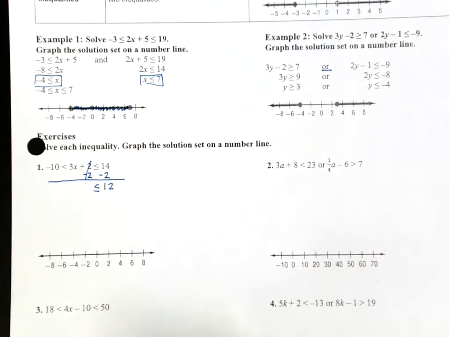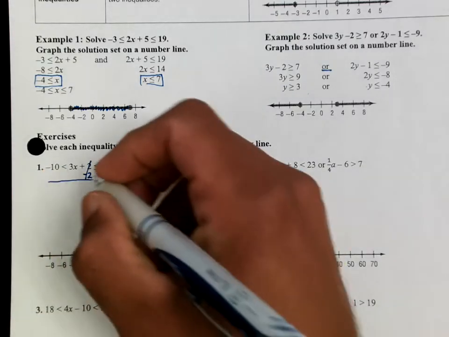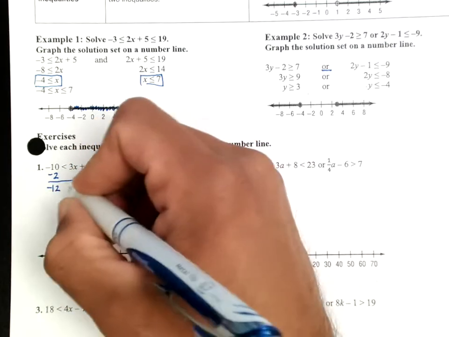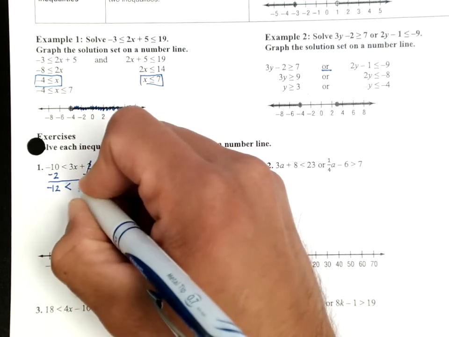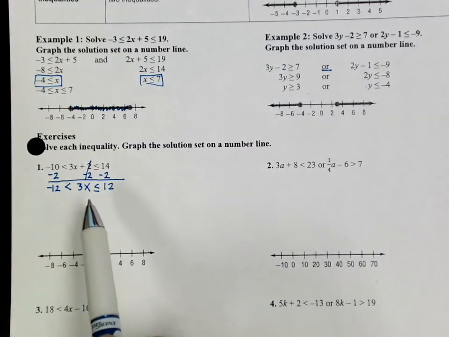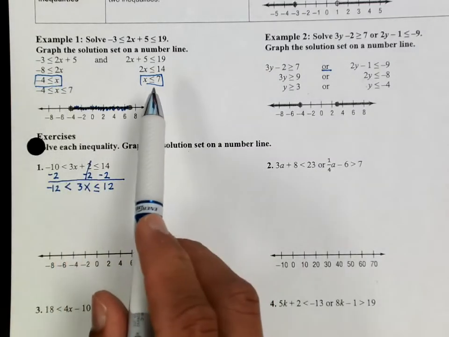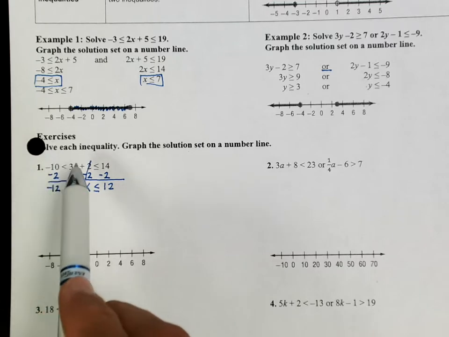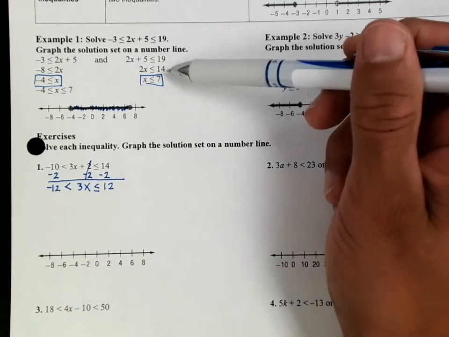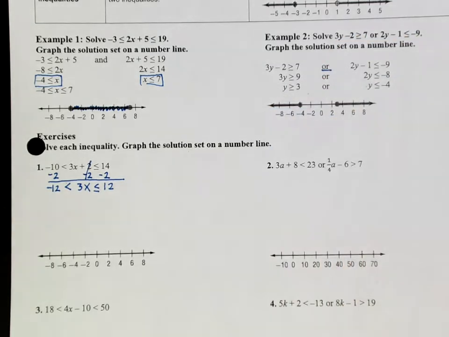But I'm also going to subtract 2 from the left side, and that would be -12 is less than 3x. Now again, if that was confusing, this is basically what I'm doing, but all in one step instead of me having to rewrite 2 equations. So feel free to do it like example 1, or you can do it like me. It doesn't matter.